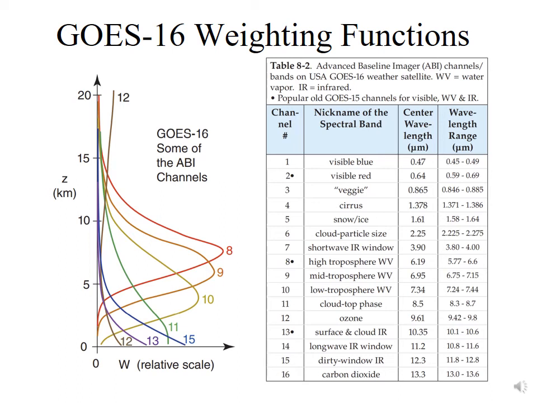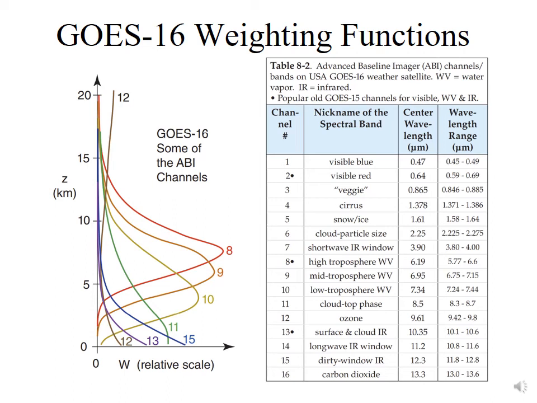Channel 1 is a visible channel in the blue, the 0.45 to 0.49 micrometer range, all the way up through red, which is channel 2, the 0.59 to 0.69, and then you get into longer and longer wavelengths. The first two channels are the visible radiation, and everything else is looking at infrared radiation.